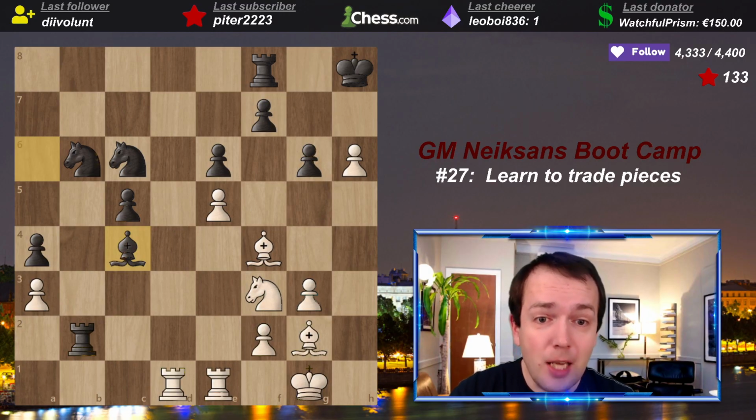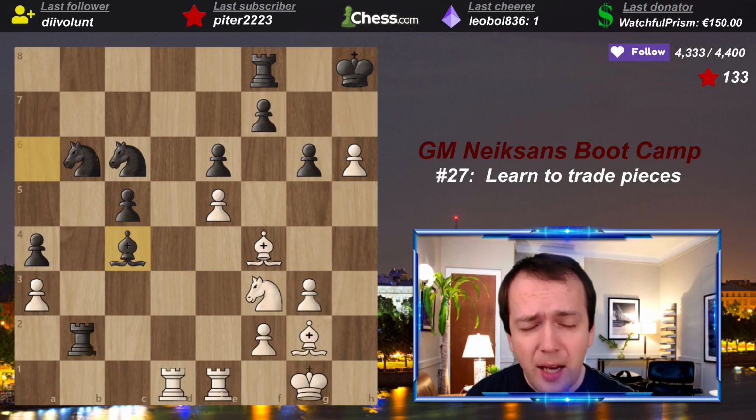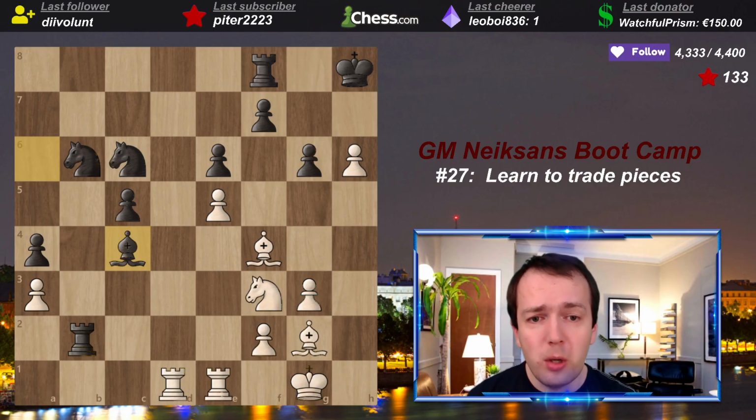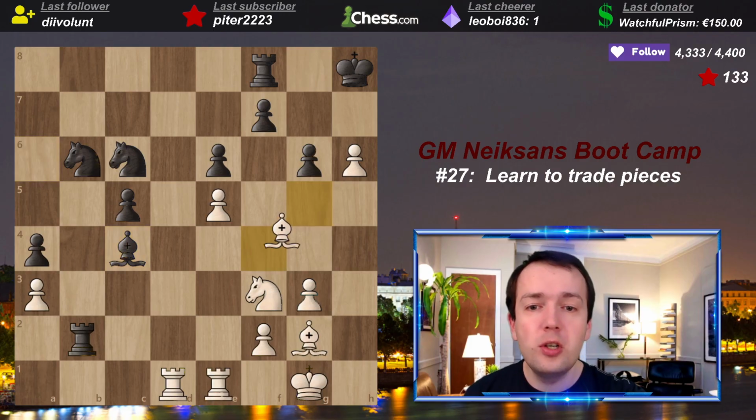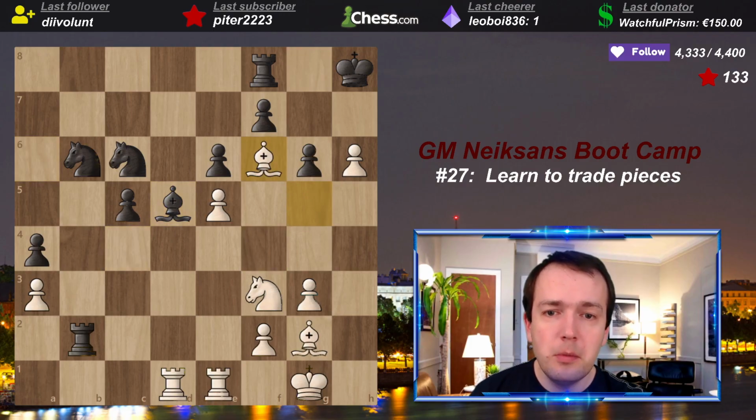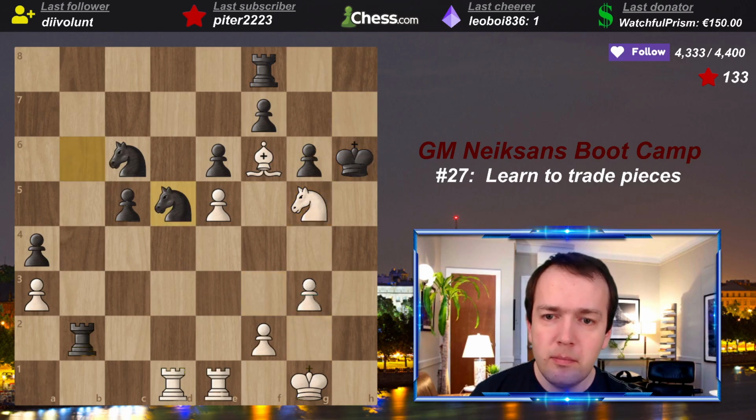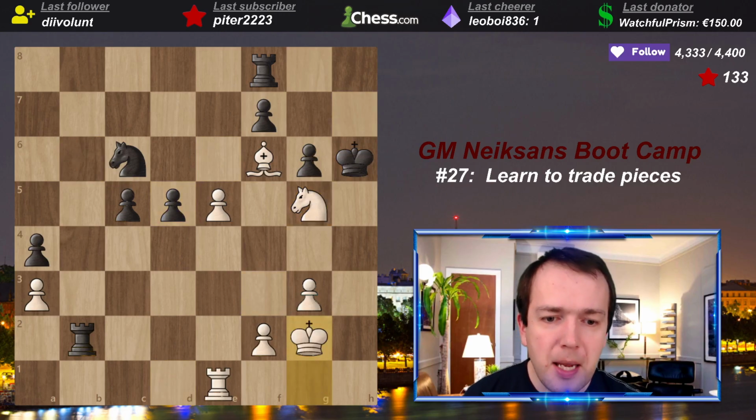A typical motive, yeah, sure, but this is a tactical trick with the idea to trade one of the defending pieces, which is holding together black's kingside. Yeah. So bishop g5, bishop f6, check, boom, boom, king g2, and mate is inevitable.